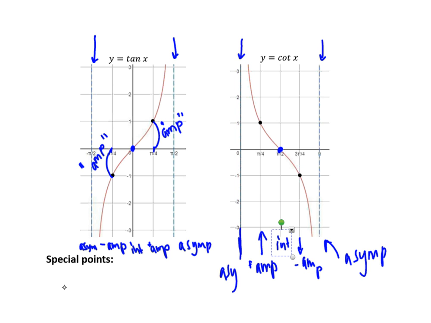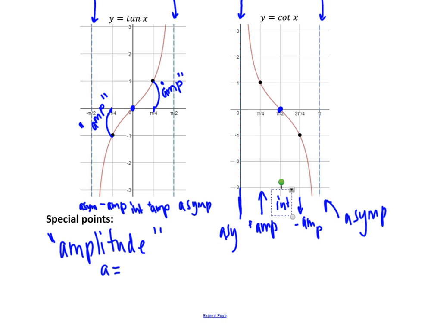So special points are at your amplitudes. Technically, it's not an amplitude, but it will still be called A in your formula.